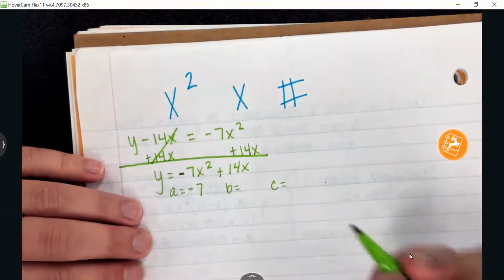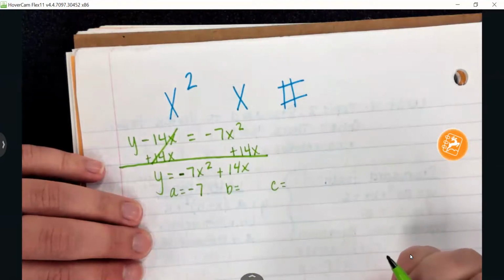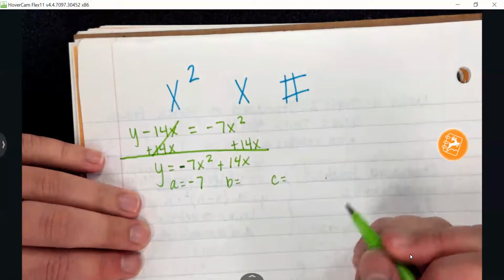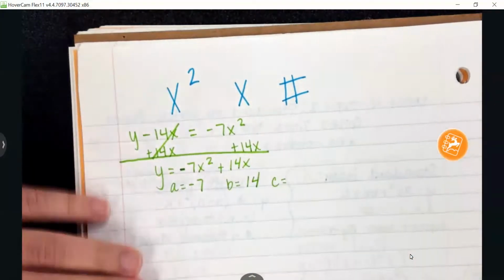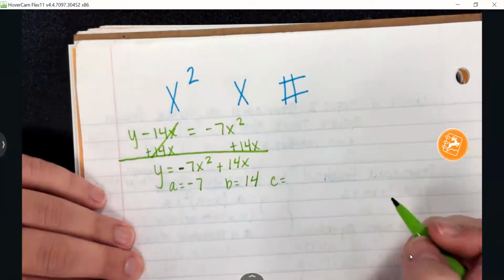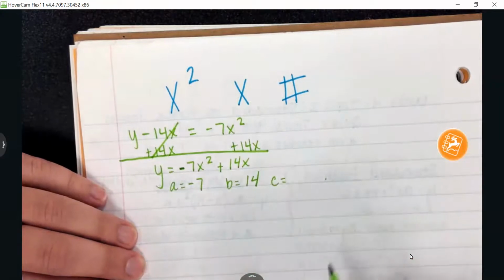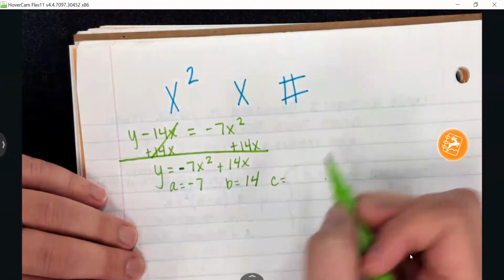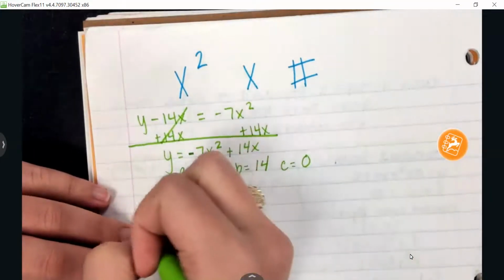Very good. Isaiah, what's my B value? Avery, what's my B value? 14. Jamori, what's my C value? Do I have a number? So what is it? What number is no number? 0. Very good.